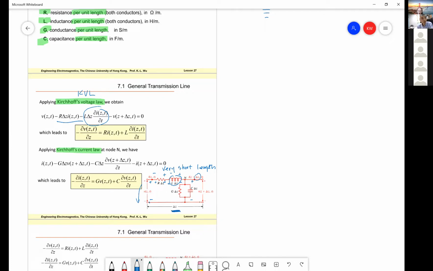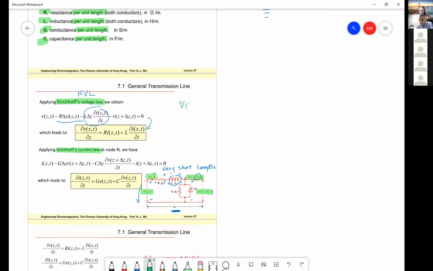This physical length creates a difference in voltage. These two voltages are different. The current is also different. So therefore, for the first equation, we generate a differential equation.